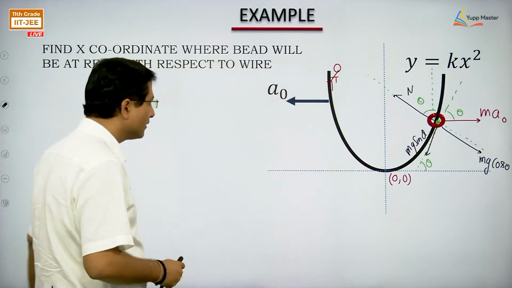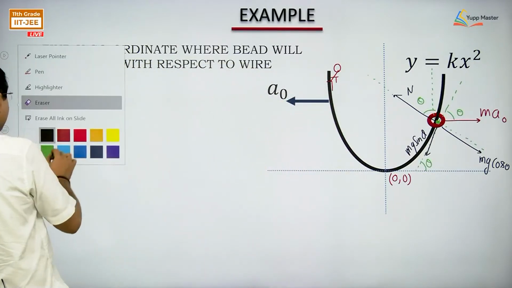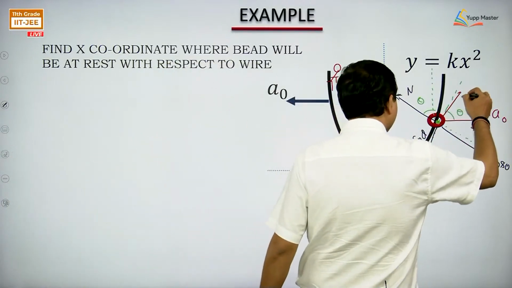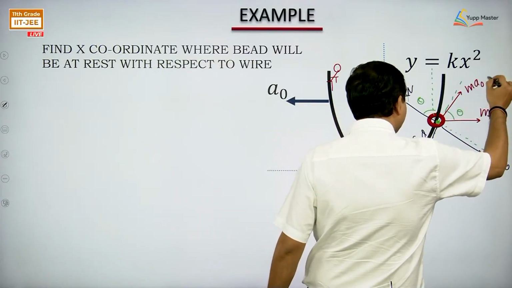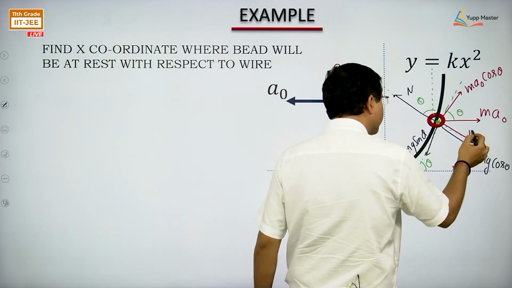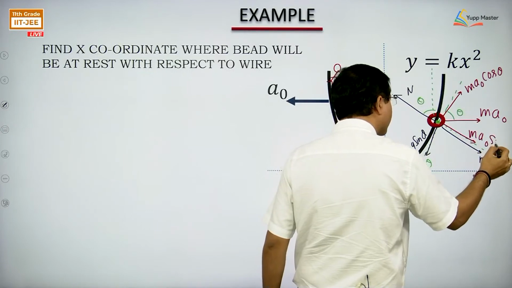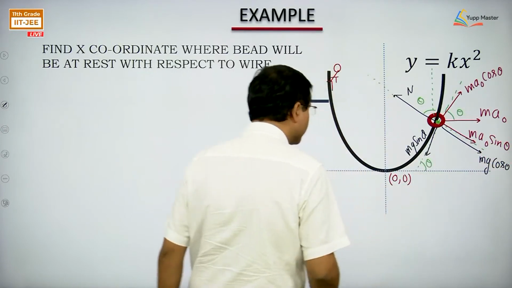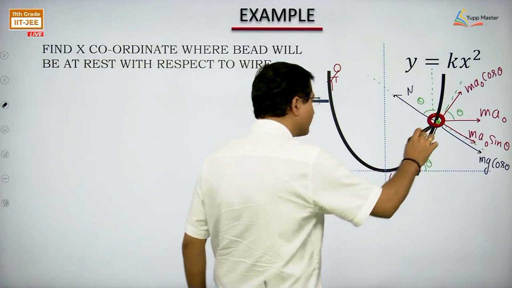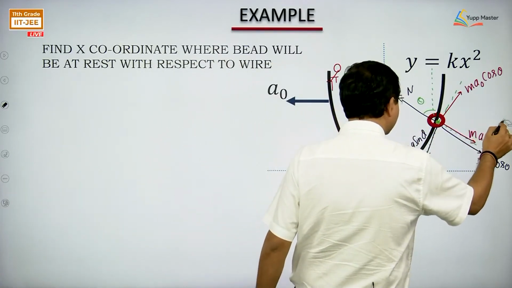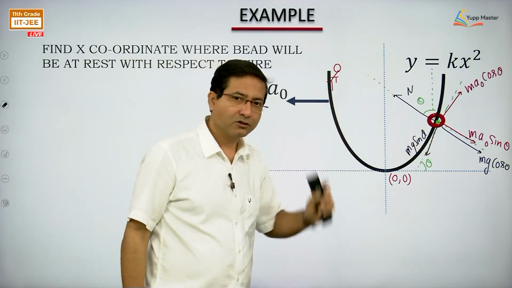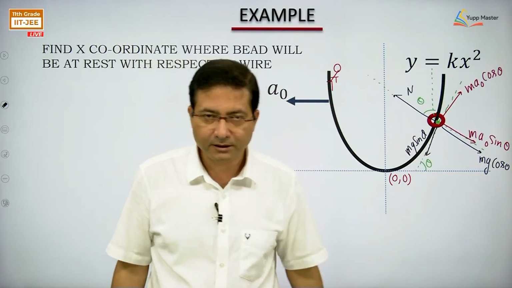Let's resolve ma naught. So ma naught cos theta and ma naught sin theta. So ma naught also I resolved, I will remove ma naught. So this is what is observed by this observer, and he is observing that the bead is at rest.